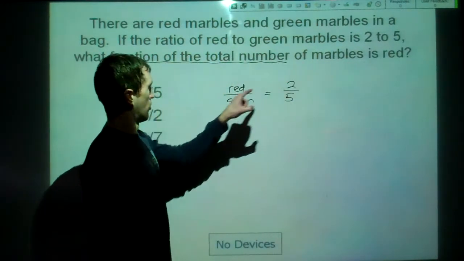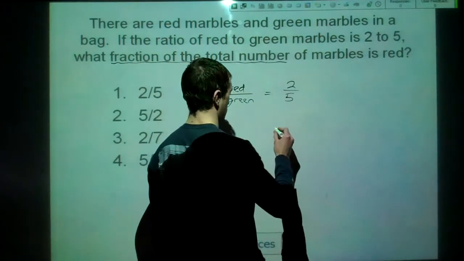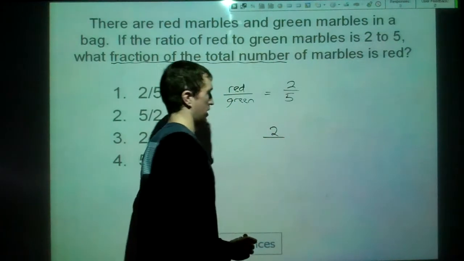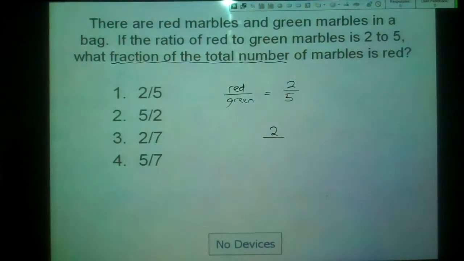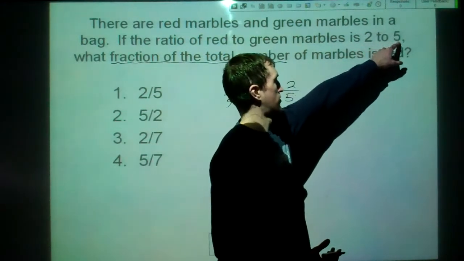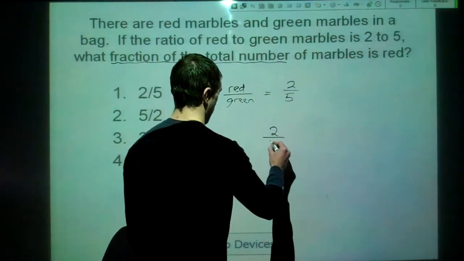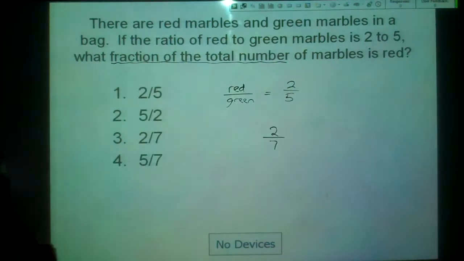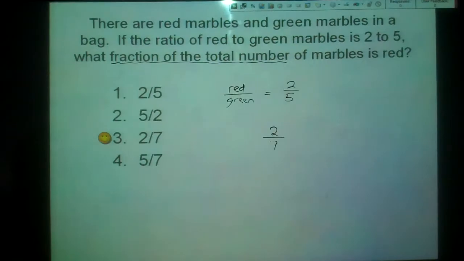So we're going to take our 2, which is red, and we're going to put that over our total number as far as our ratio goes. So our total number then would be 2 plus 5. So 2/7 would be our fraction of the total there. So 2/7 of those marbles should be red.